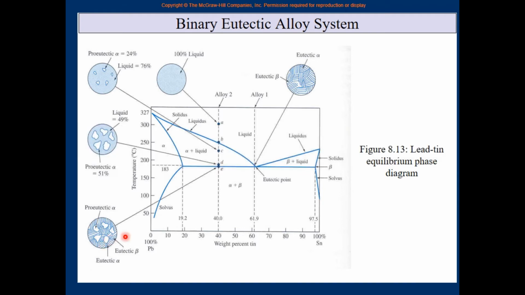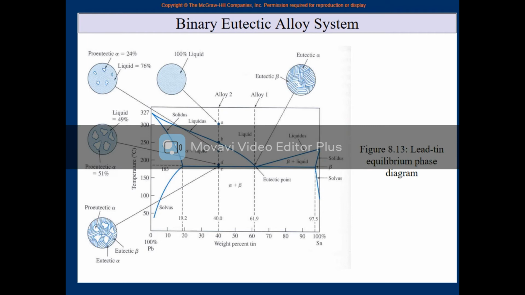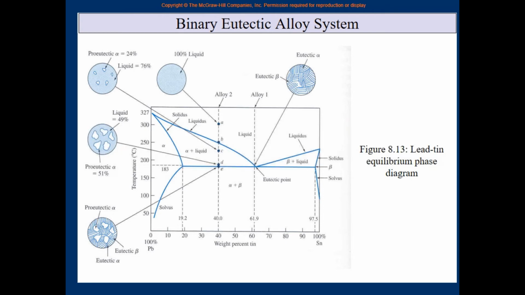So how do we distinguish this alpha and that alpha? There is a term which you have seen. Take 5 or 10 seconds and tell me one word which you don't know on this diagram. Very good. You have found it. This word is pro-eutectic.